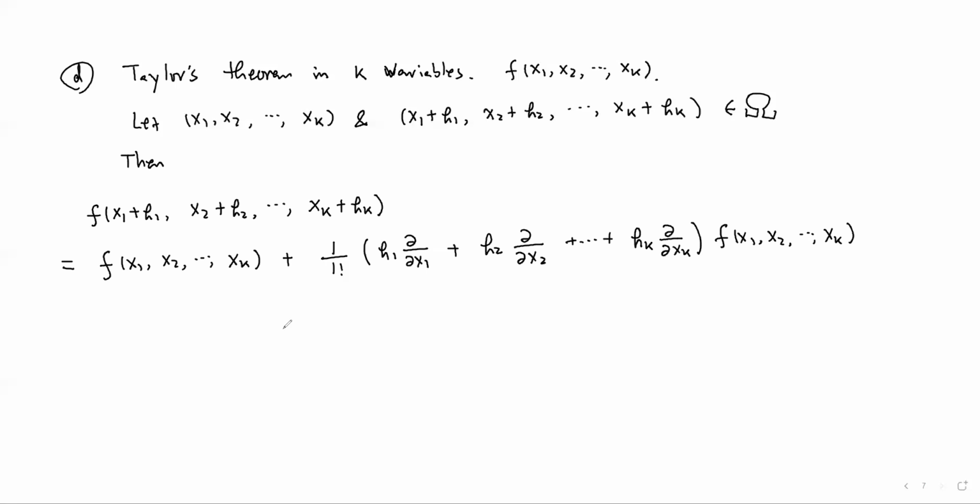This is the first term, second term. The third term is very similar, with factorial. Then, in detail, how to find this square? Expand it.